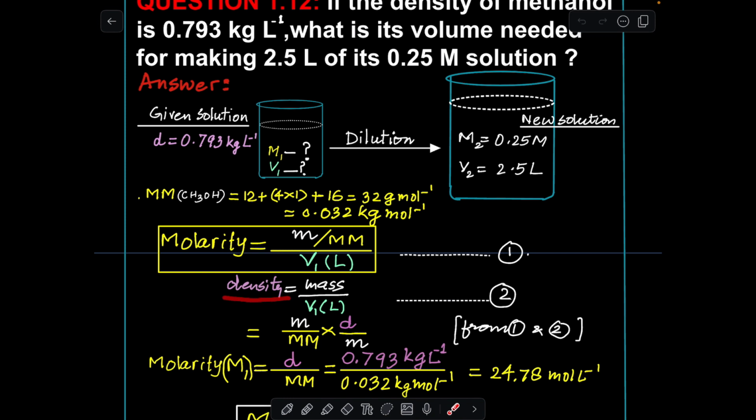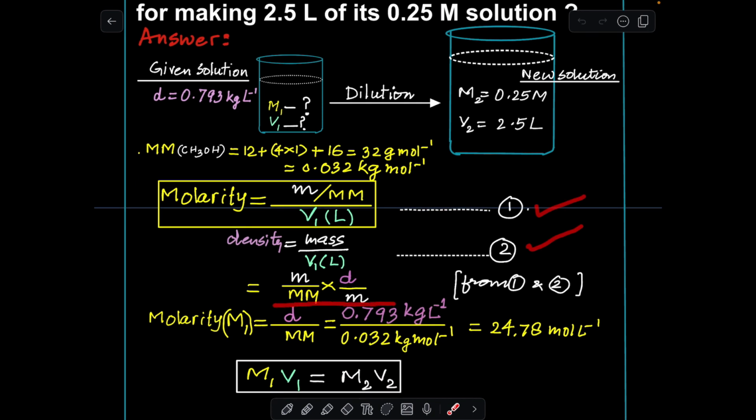If you compare equation number 1 and equation number 2, we will get such an arrangement, and from this on simplification we get molarity is equal to density over molar mass. So this is a new formula that we are going to use: molarity can be calculated as density divided by molar mass.